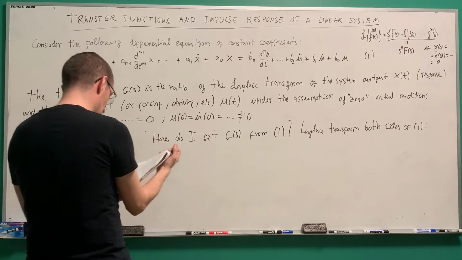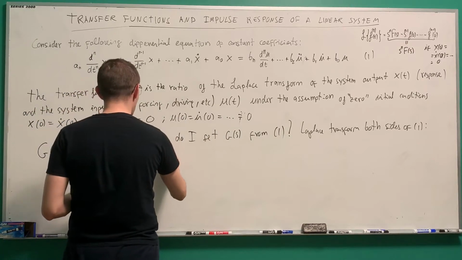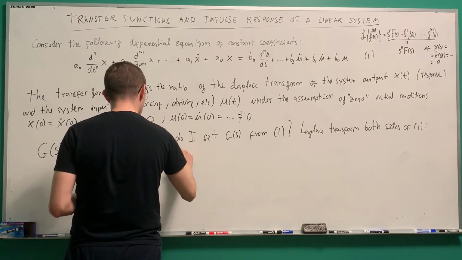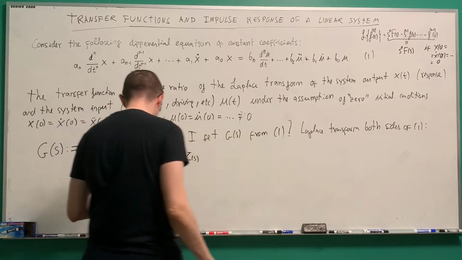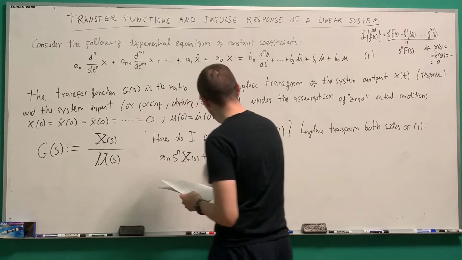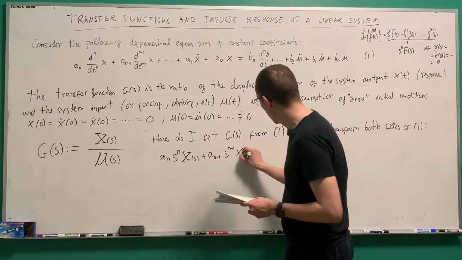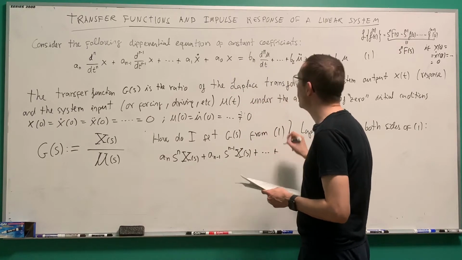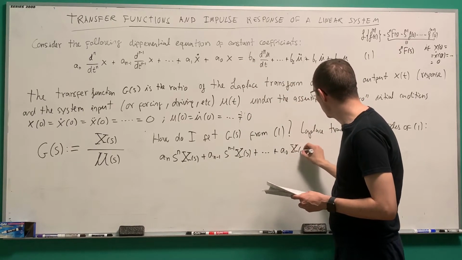I get a_n times s to the n times the Laplace transform of x of t, which is capital X of s, plus a_(n-1) s^(n-1) X of s, and so on, all the way to a0 X of s.